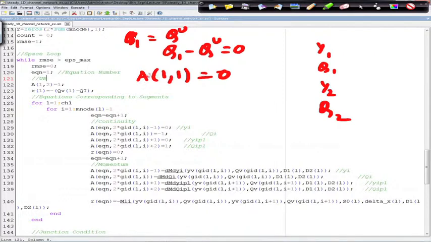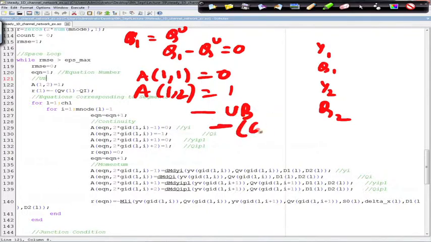So, we will have only 2 terms associated with it, but the first term A11 is 0, and A12 is 1. On the right hand side we need to write the upstream boundary minus, that is q1 minus q upstream, which is what I have written here.